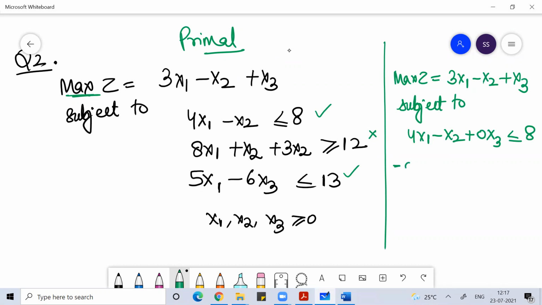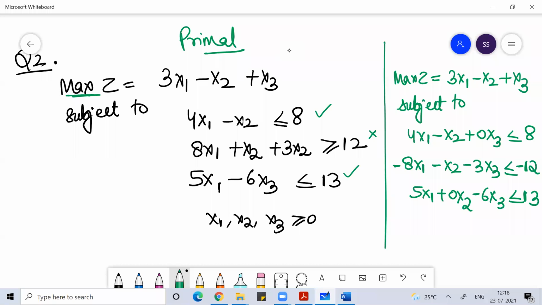This I can write as minus 8x1 minus x2 minus 3x3 less than or equal to minus 12. Then this is 5x1 plus 0x2 minus 6x3 is less than or equal to 13, where x1, x2, x3 is greater than or equal to 0.